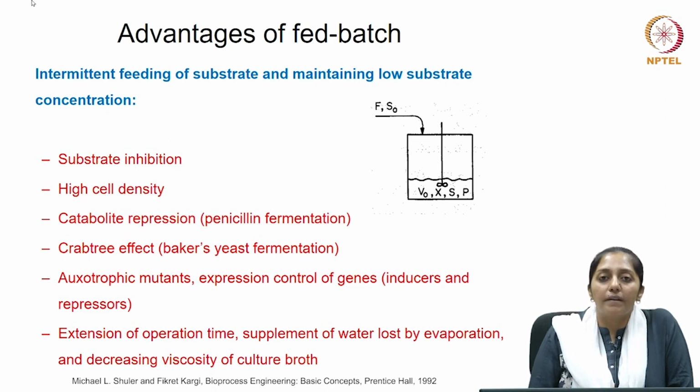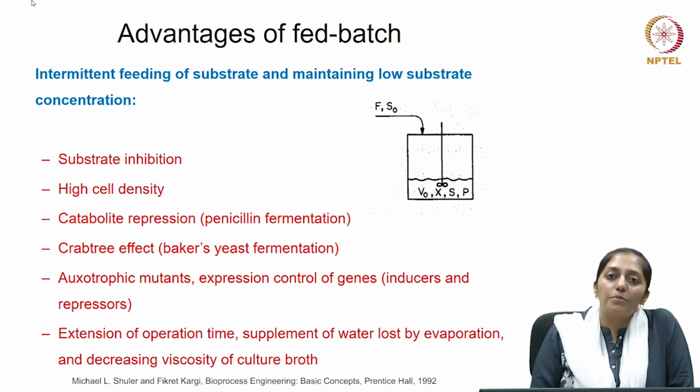Now, catabolite repression is one example which can be overcome by using a fed batch process. In penicillin fermentation, penicillin is an antibiotic, the industry is known to undergo catabolite repression because of the high amount of glucose present in the medium.